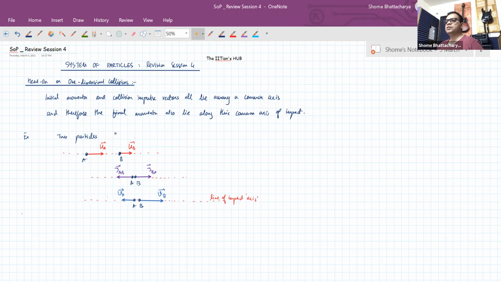Okay, so in this example, two particles are colliding such that their initial velocities UA and UB are along the line joining their positions.